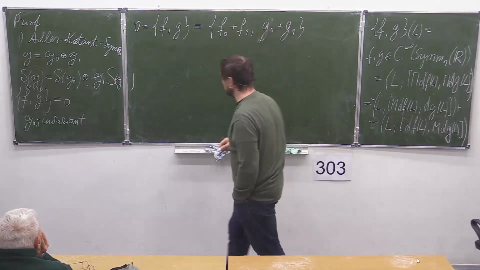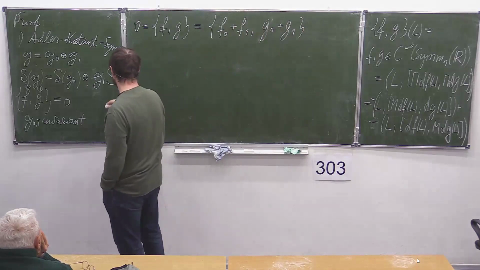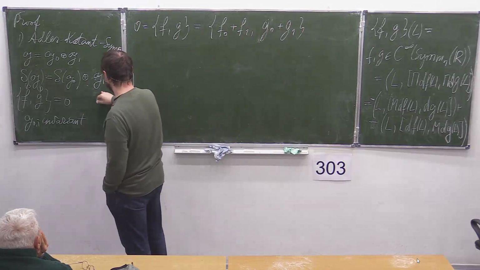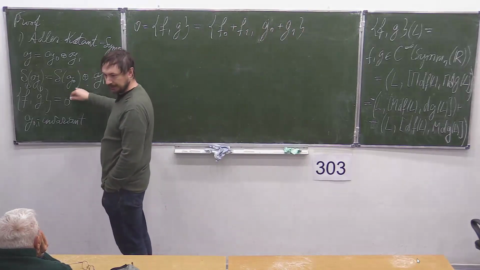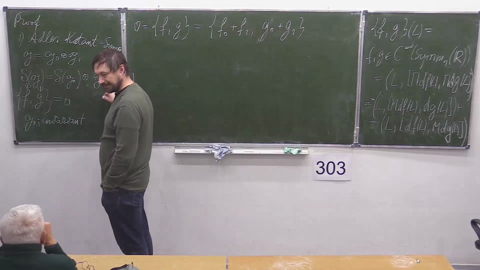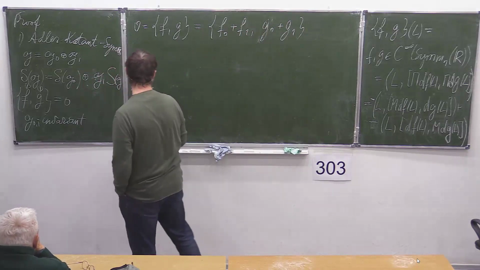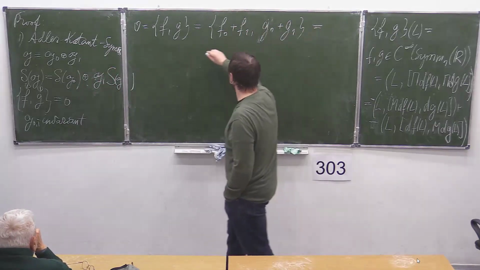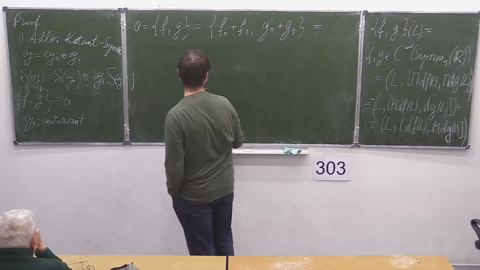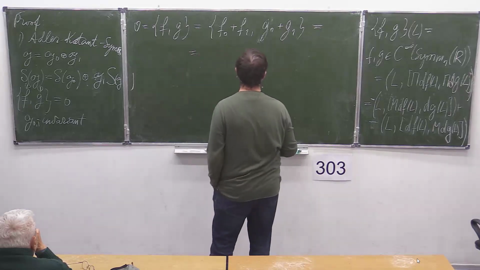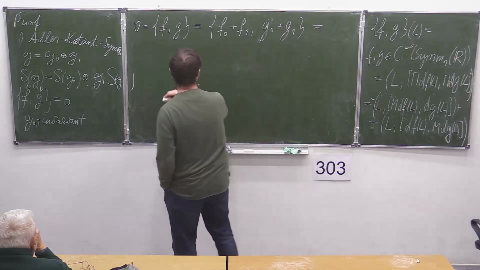Also observe that when you have two elements from here, these are Poisson subalgebras. So now I write this down.